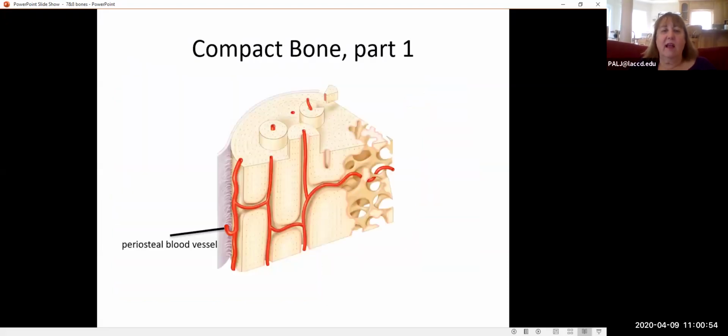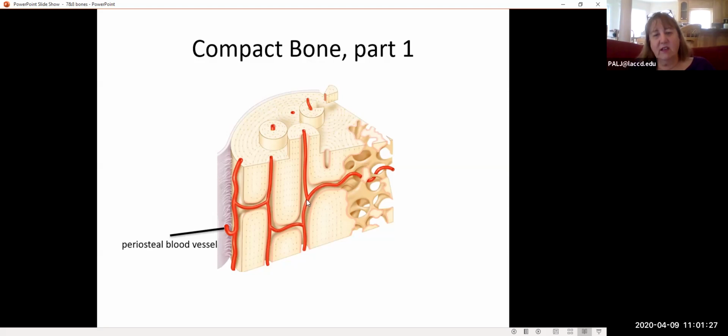So let's take a wedge of compact bone and look at it closer. On the left, we have the periosteum, and the nutrient blood vessel comes in, and once it's through the periosteum, we're going to call it a periosteal blood vessel. What you will see is it will branch, and some branching goes perpendicular, whereas other branches are going to go along the length of the long bone.